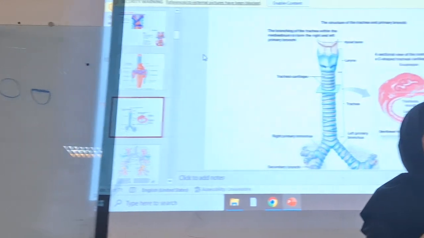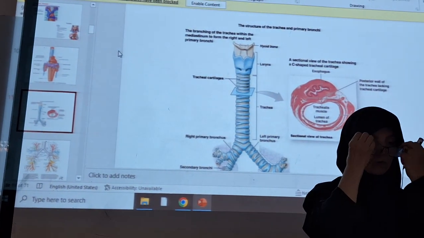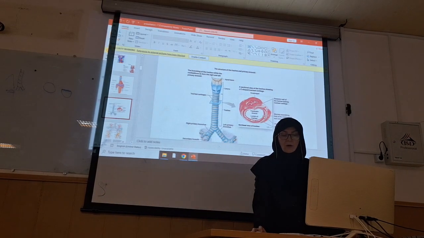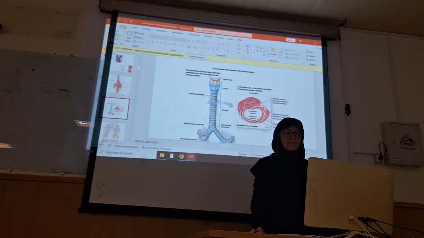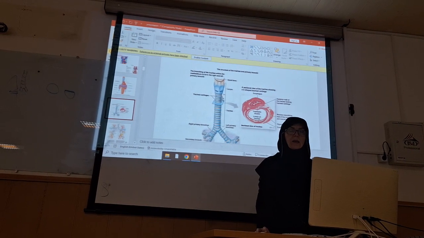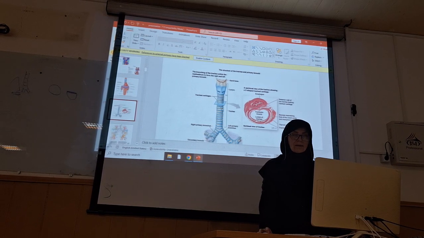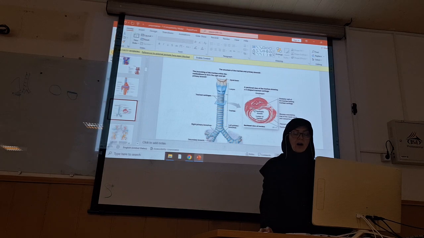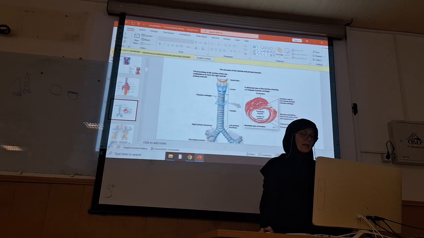Now, in this picture, you are looking at the trachea and around the trachea. Anteriorly and laterally, you are able to find the cartilage, but posteriorly you are not.